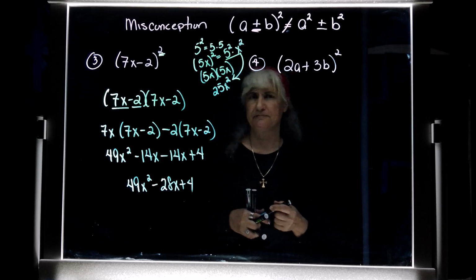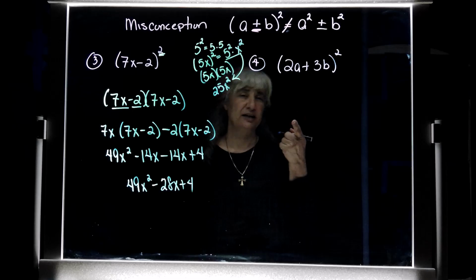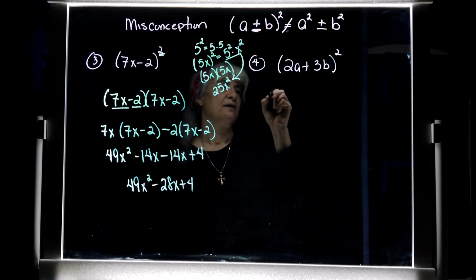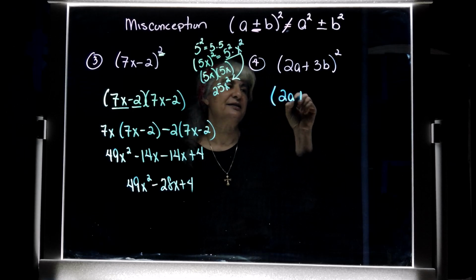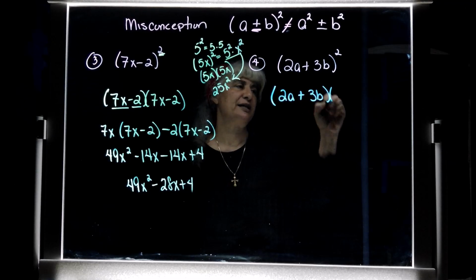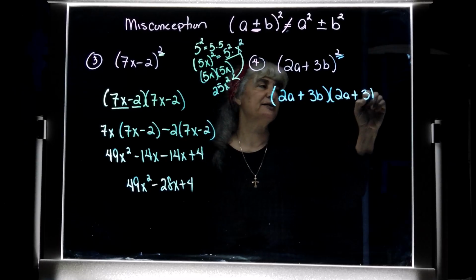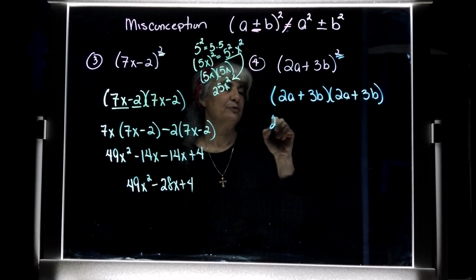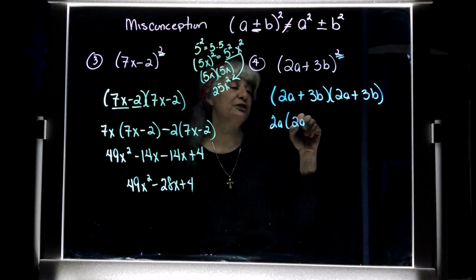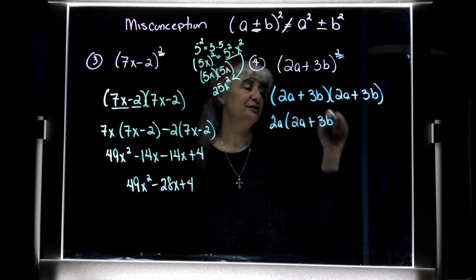Okay, now what? Number 4. Did you get it? Okay. So, since I see addition, I am going to take the base, and according to the exponent, I'm going to write it twice. And then I'm going to do my double distribution, as I like to call it. Why?